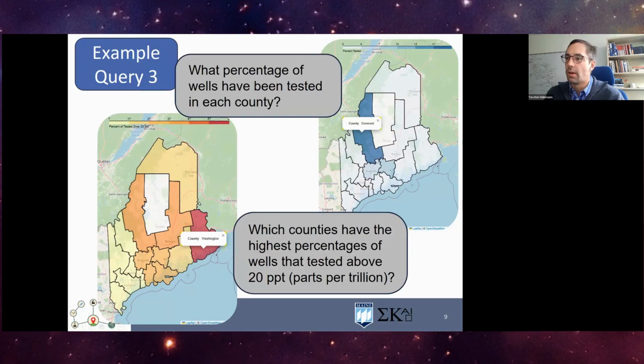But if you're looking at the percentage of the well sample that actually came back above a certain limit, for example, 20 parts per trillion, like the Washington County showed the highest percentage, even though it was a location that wasn't tested very well, which might indicate it should be tested more.